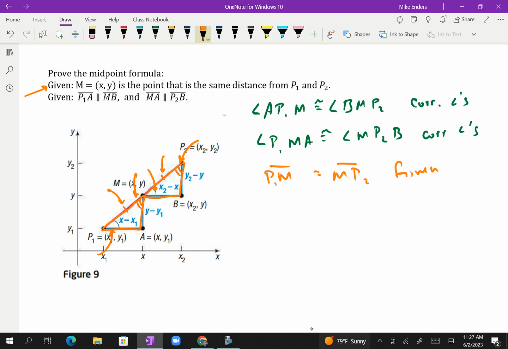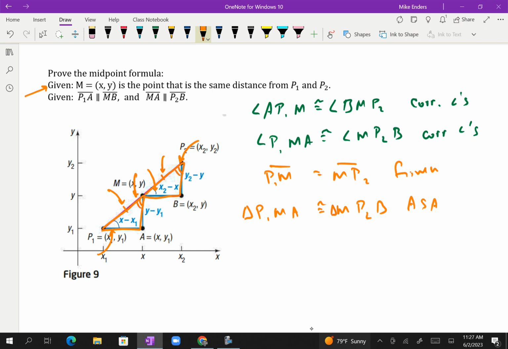So what we can say is that these two triangles are going to be congruent to each other. So we can say that triangle P1MA is congruent to triangle MP2B, and that is by the angle-side-angle congruency.